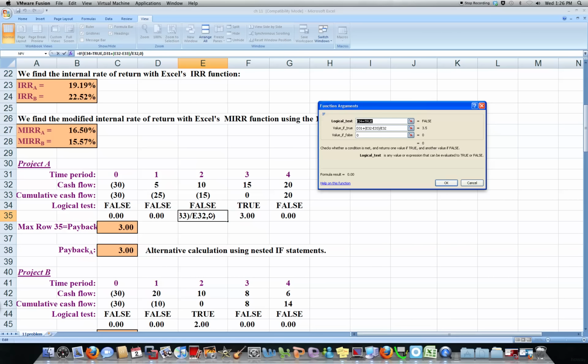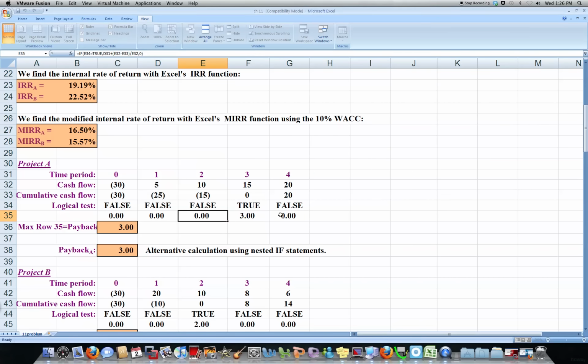So on this IF function, we've said if E34 equals true. Let's go over here to this one where it's true.